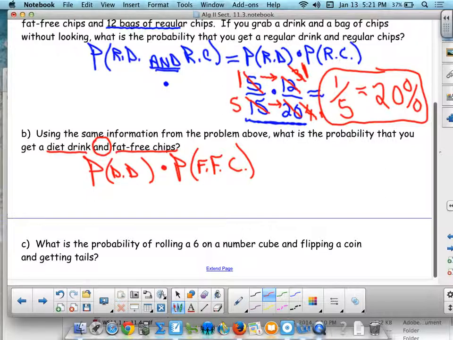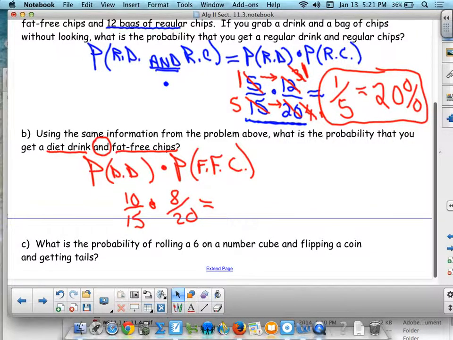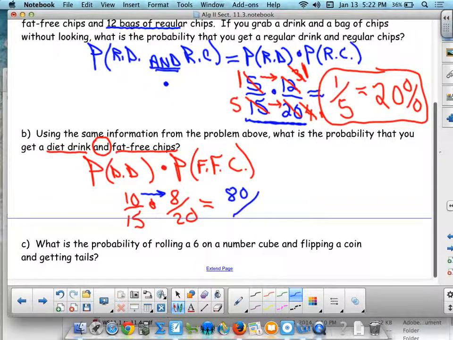The chance you pick a diet drink does not change the probability of picking fat-free chips. So here we go. To pick a diet drink, there are 10 out of 15, times, to pick a fat-free chip, 8 out of 20. Now this time I won't cancel. I'll just multiply straight across and see if this is quicker for us. That would be 80 over 300.